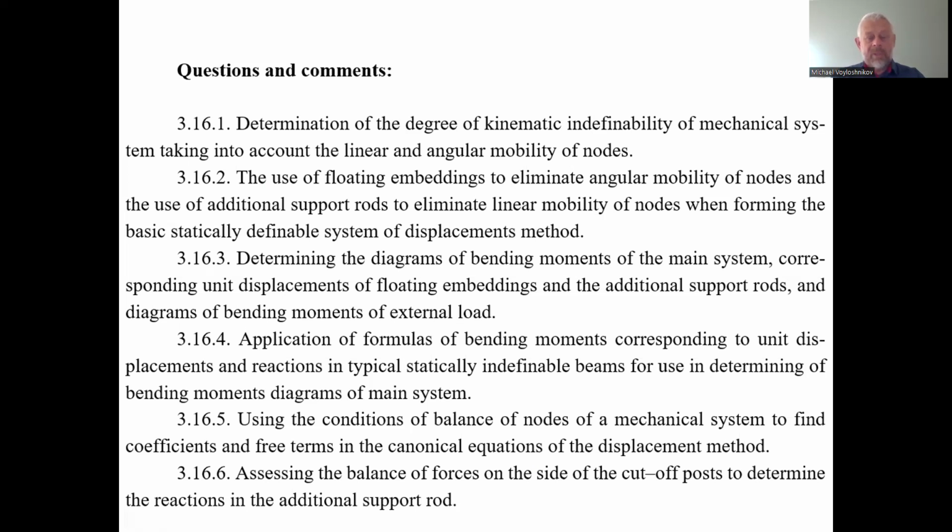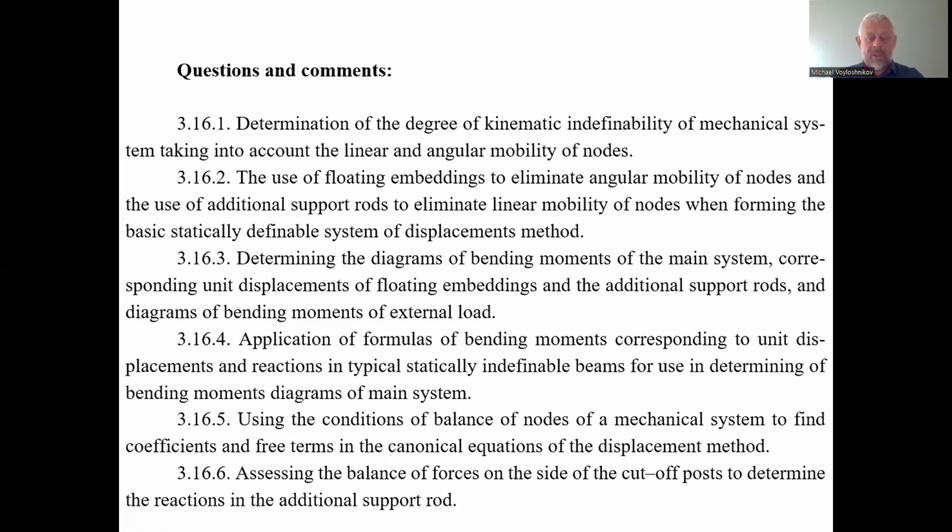3.16.2, the use of floating embeddings to eliminate angular mobility of nodes, and the use of additional support rods to eliminate linear mobility of nodes when forming the basic statically definable system of the displacement method. We consider abstract concepts of the extra connections for the displacement method.